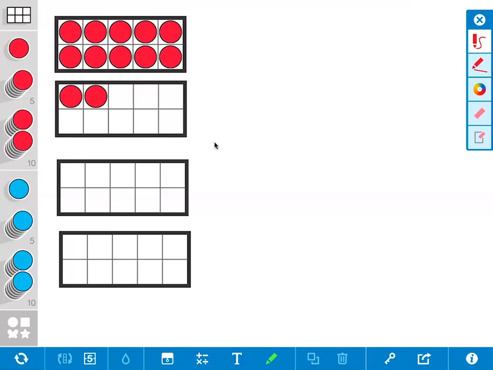9, 10. And 2. If you remember talking about teen numbers with the place values, we look at the group of 10. So if you look, this is a group of 10. It is only one group of 10, so I write 1 because there's one group of 10.